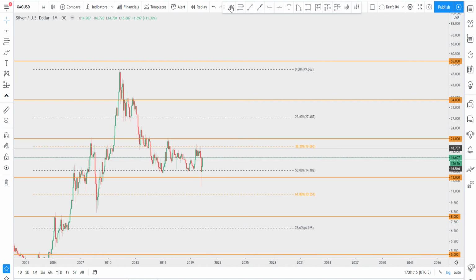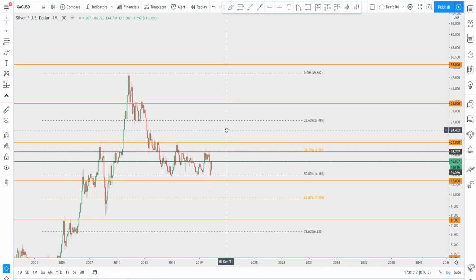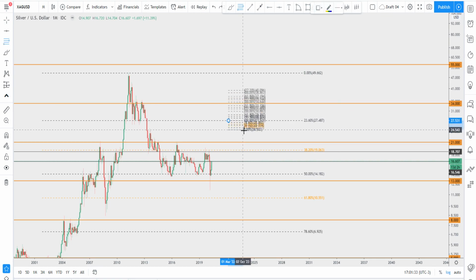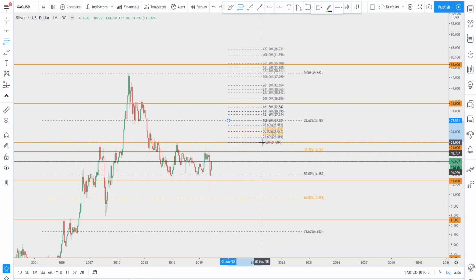So for the bullish perspective, I strongly believe we are going to trade above 21, and we are very likely to hit 27. Okay, and then we may look for a 50%.